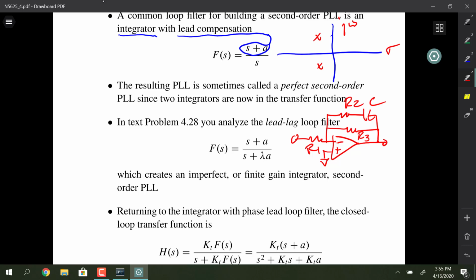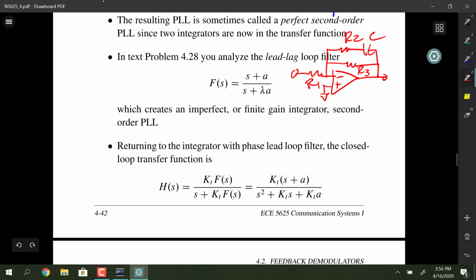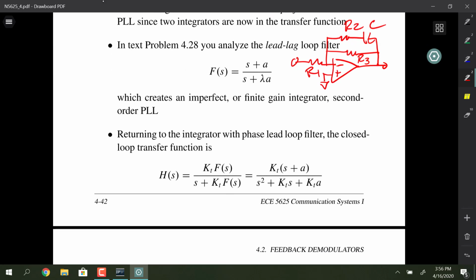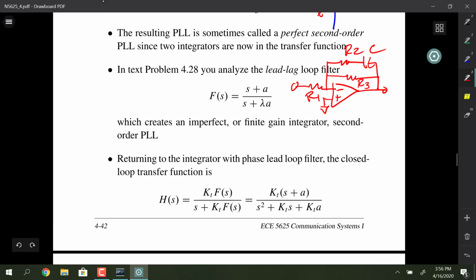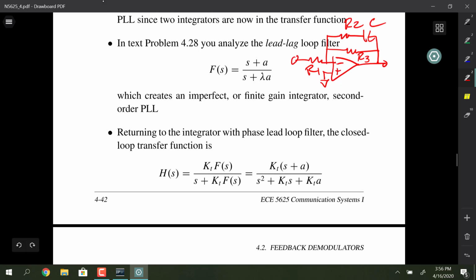The gain at DC is now R3 over R1. It's actually minus R3 over R1. So those are some ways that analog phase lock loops could get a loop filter built with an op amp.